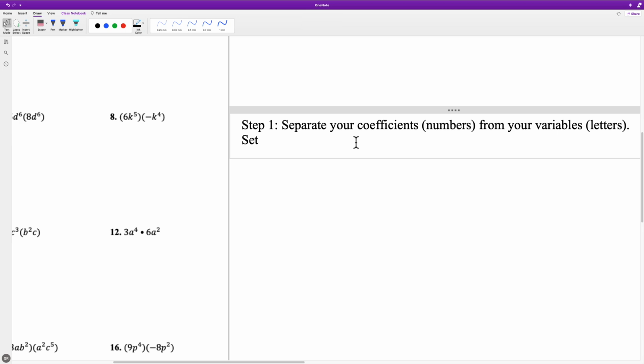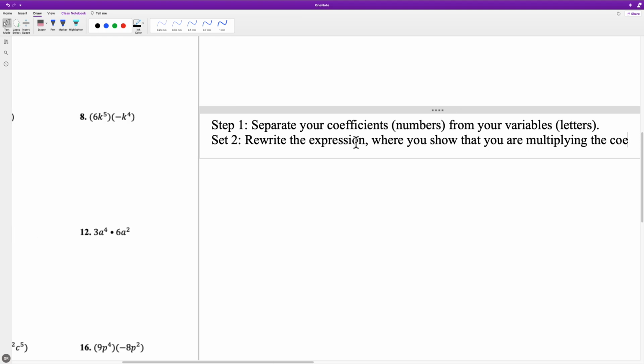Step 2, we're going to rewrite the expression, where you show that you are multiplying the coefficients together and multiplying the variables together.